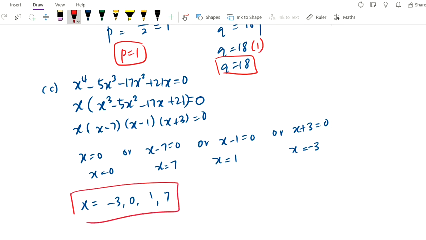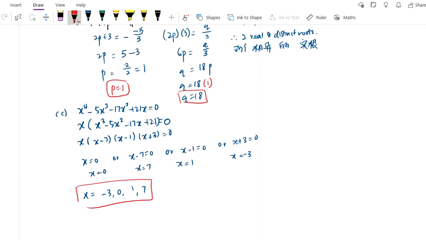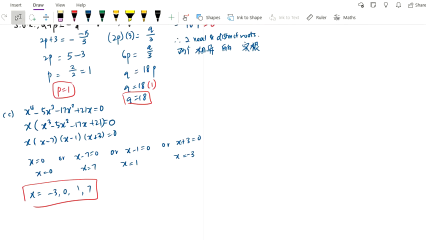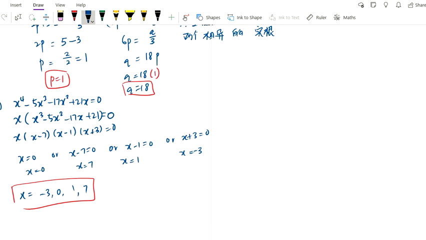So how do we do it maybe with factor theorem? I'll just show you for your knowledge. You will learn this in Form 6. Again, I write here x to the 4th minus 5x cubed minus 17x squared plus 21x equals to 0.